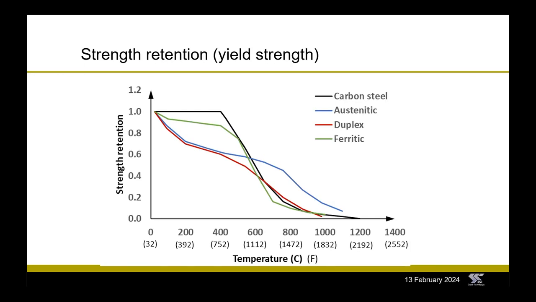And in the case of austenitics, they are able to retain a larger proportion of their strength than carbon steel at temperatures of about 600 degrees Celsius. In the case of ferritics, they behave more or less like carbon steel because of their similar microstructure.